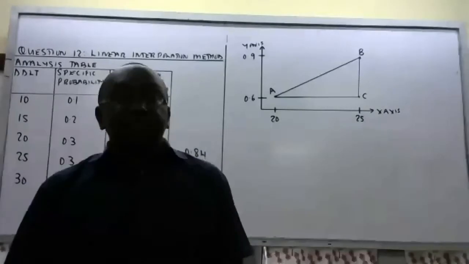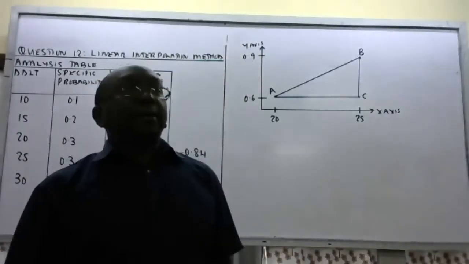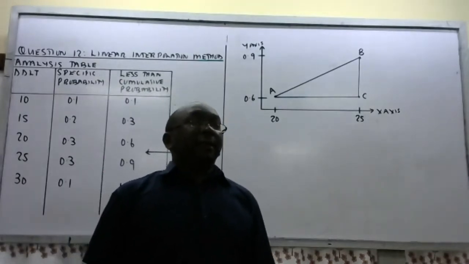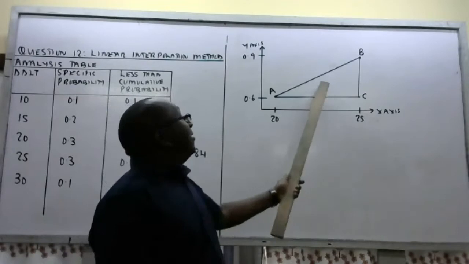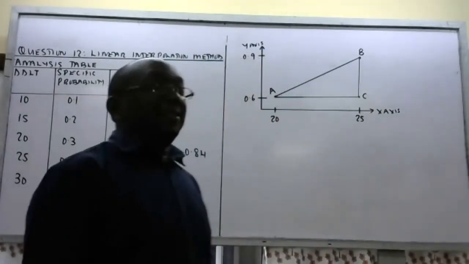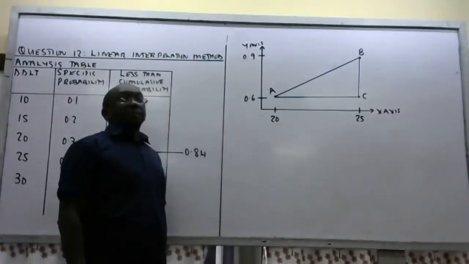It is called a triangle. A right angle triangle. You want to take it a notch higher, it's a triangle, it's a figure.